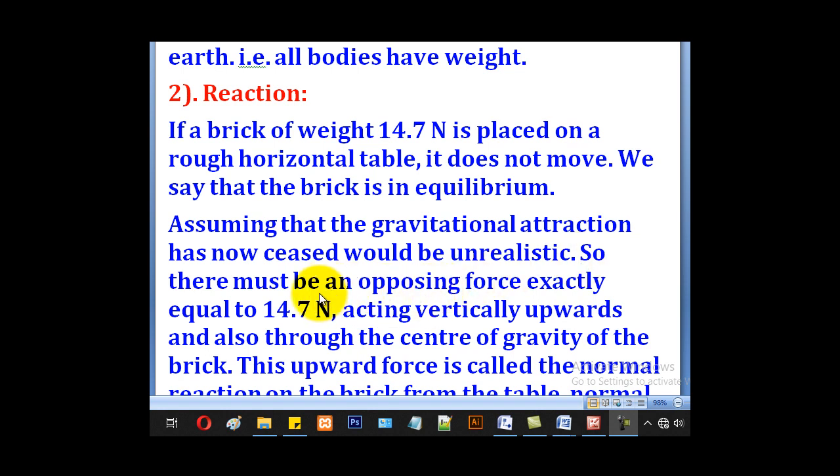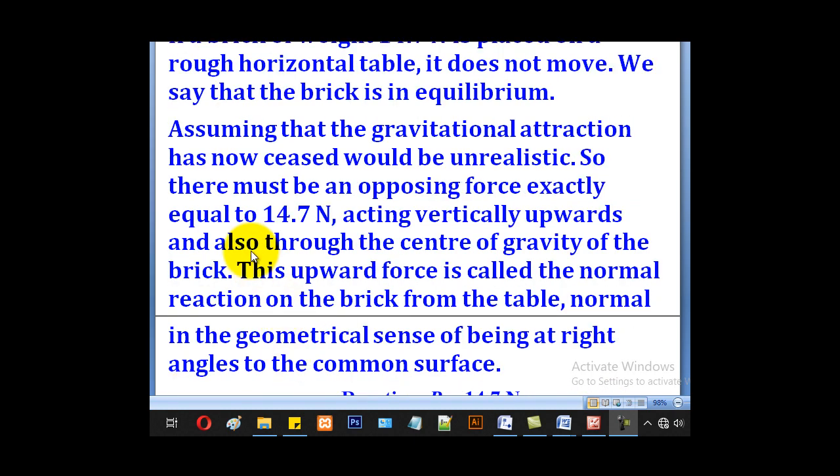So there must be an opposing force exactly equal to 14.7 newtons, which is the weight of the body, acting vertically upwards and also through the center of gravity of the brick. This upward force is what we call the normal reaction of the table on the brick.